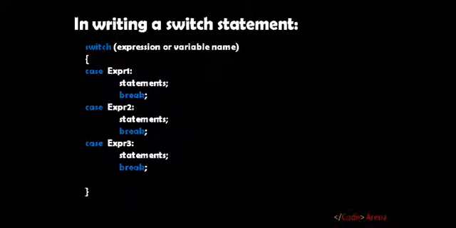You're just trying to match the expression here with each of these case labels. Once there's a match between this and any of these case labels, then the statement here executes. For example, if we're using facial recognition software, you're trying to test a particular face input as an expression here.